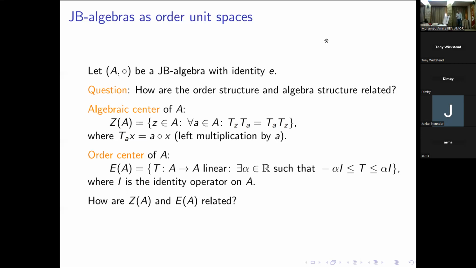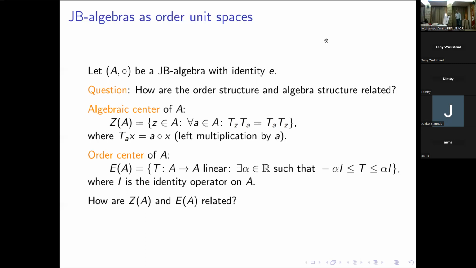And I will discuss the relation of concepts of center. So the algebraic structure gives rise to an algebraic center. So usually you say that they're all elements that commute with all other ones, but everything commutes already. So in the Jordan algebra, that would not be a convenient definition. So we take that operator commuting, that these multiplication operators commute.